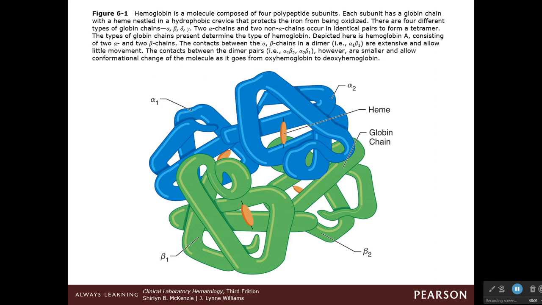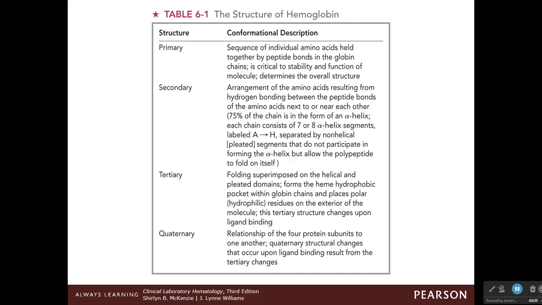Here's a picture. Primary, secondary, tertiary, quaternary. We talked about that a while ago, right? Primary is just the chain. Secondary is starting to be arranged the way it needs to be. All this is happening in the endoplasmic reticulum.